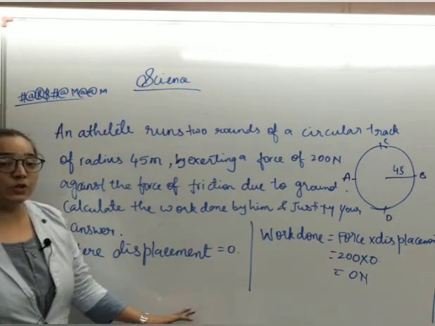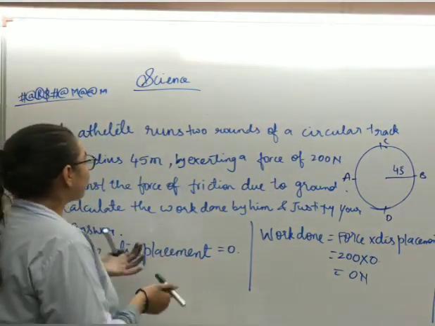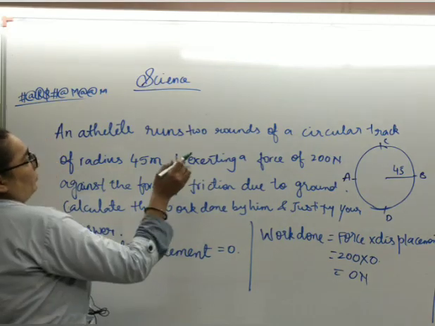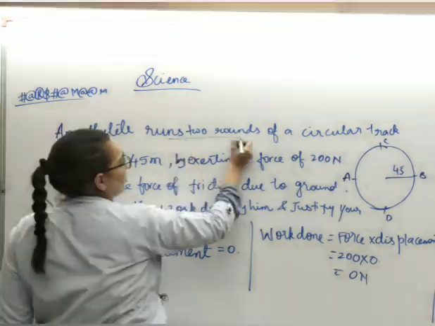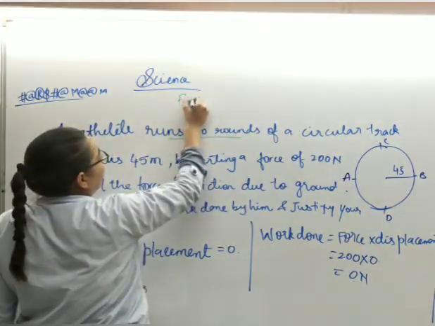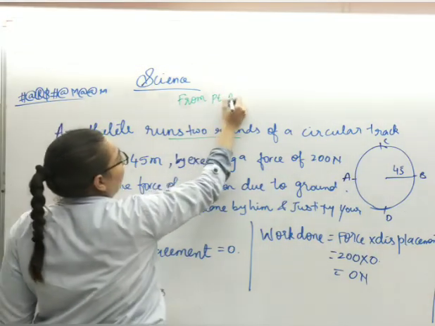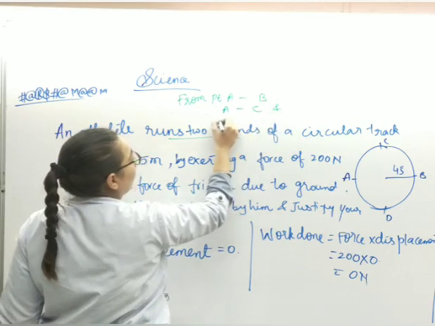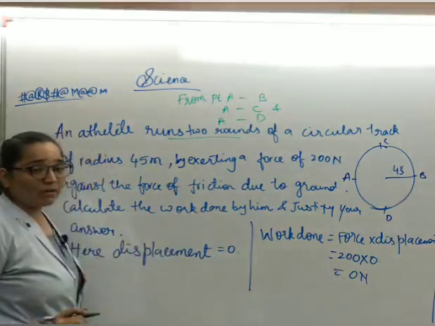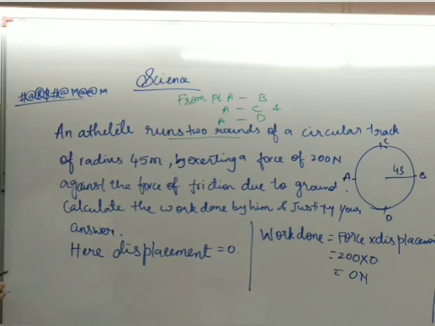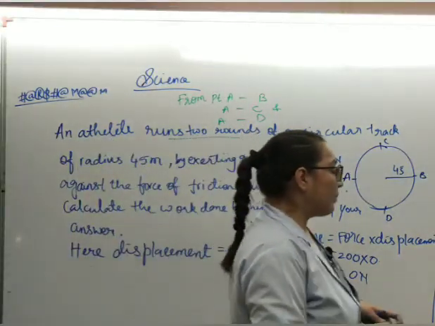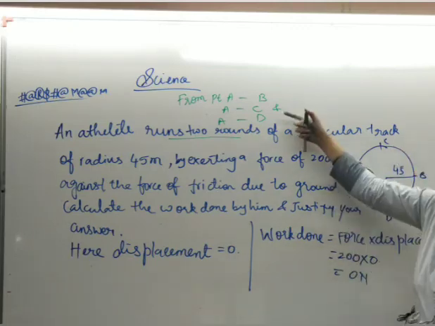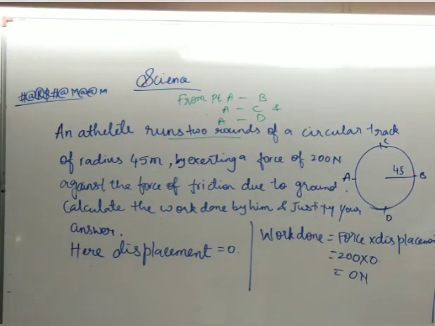Once you note this down, you have to try first, instead of 2 rounds, these things from point A to B, A to C and point A to D. You have to try it after writing this, and after that we'll work. Be quick. I am giving you 2 minutes for noting and for trying this. Try to do it. Point A to B, A to C and A to D. Quick.